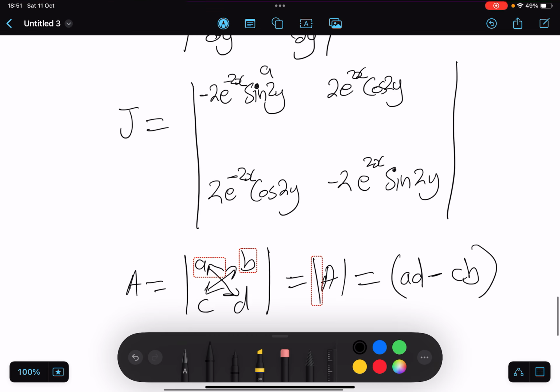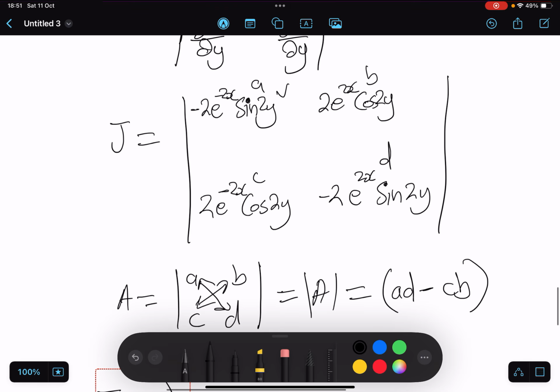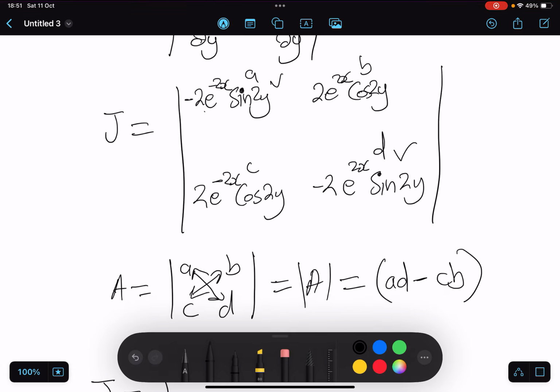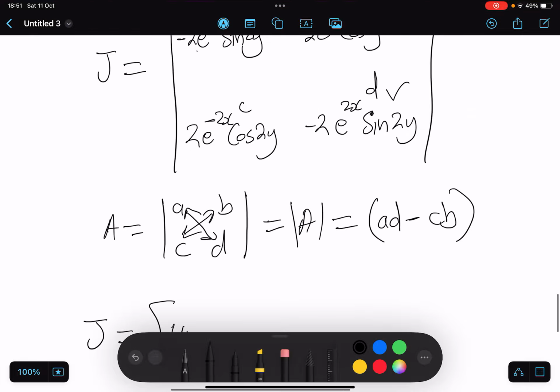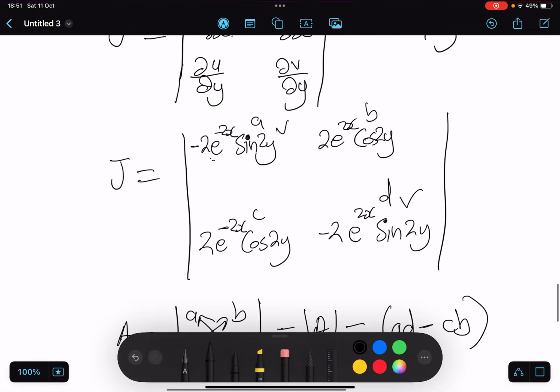So this is my a, b, c, d. The Jacobian here is going to be equal to ad, which is this multiplied by this. If we multiply these two, we are going to have 4, and if you're looking at the exponentials, when you're multiplying with the same base, we add the powers, so it's going to be 0.